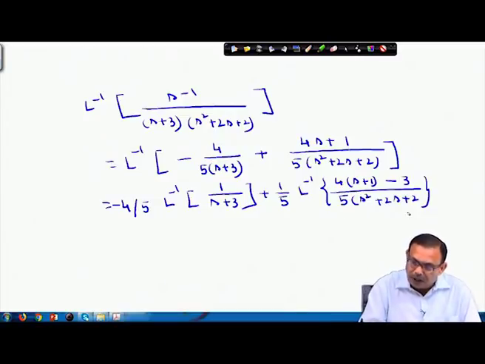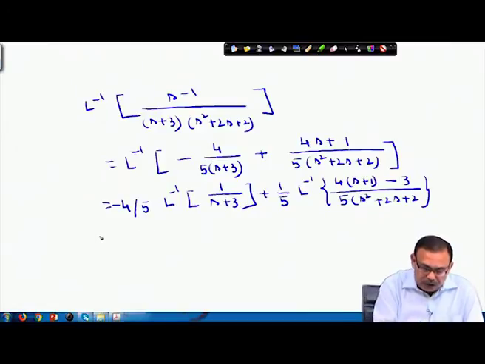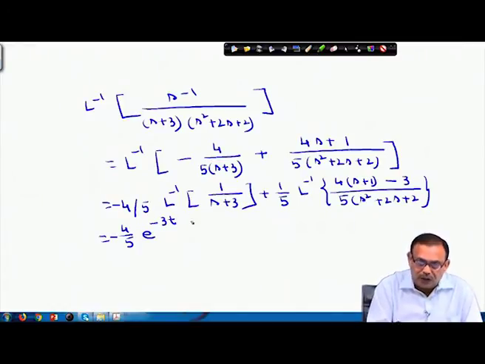That means this part again I have to break into two parts. This you know, 4 by 5 into e to the power minus 3t for 1 by s plus 3. So the corresponding function is e to the power minus 3t, for which the Laplace transform is 1 by s plus 3. This equals, you can write down, 1 by 5 and e to the power minus t, since s plus 1 is here.